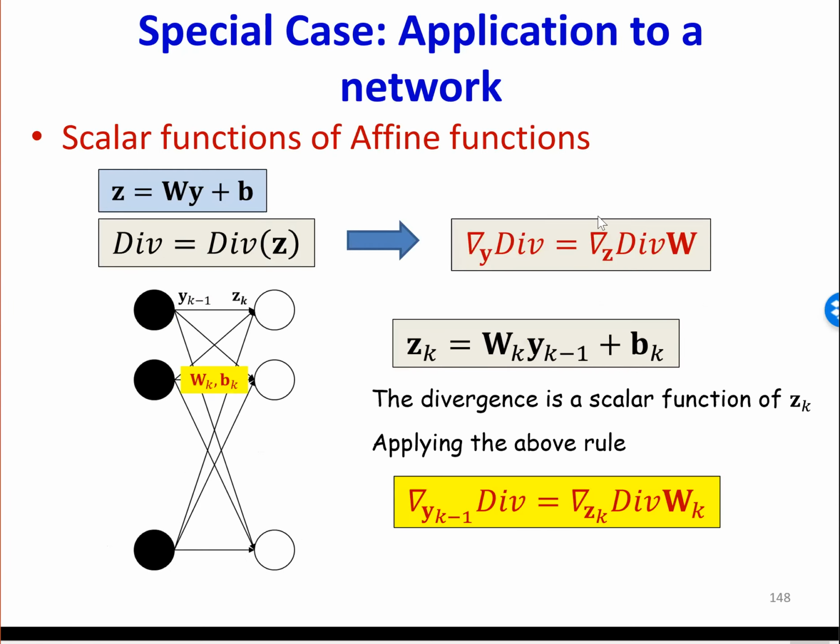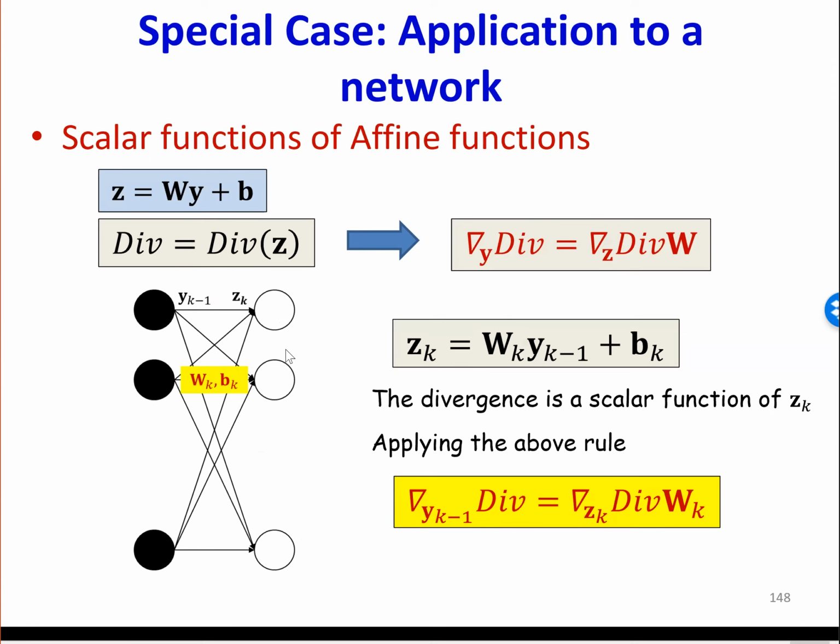So that's basically what we're saying over here. If I have a layer of this kind, then the output of the k-1th layer is used to compute the affine value at the kth layer. And these affine values all influence the divergence. So the derivative of the divergence with respect to bk is simply going to be the derivative of the divergence with respect to zk.